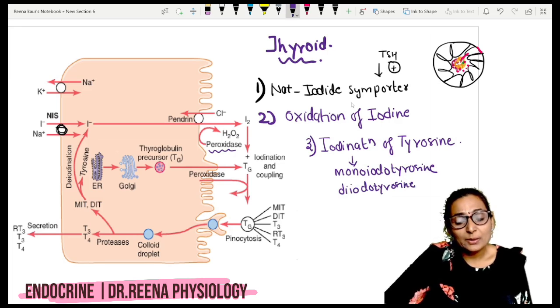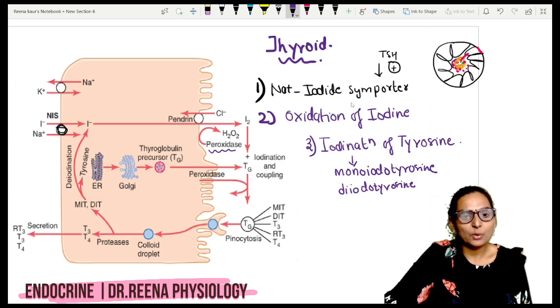So there is iodination of tyrosine. This also requires the enzyme peroxidase. So second step, third step, enzyme peroxidase.